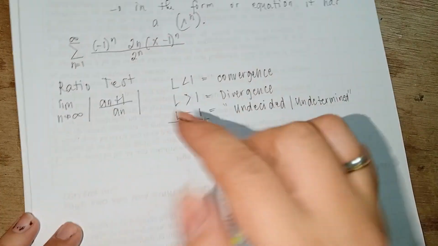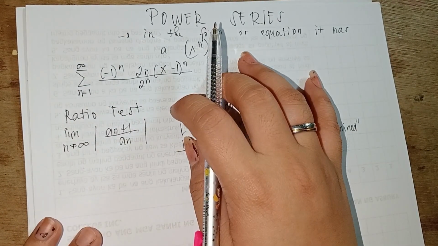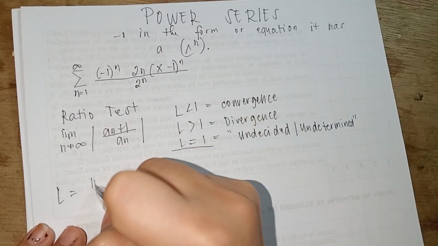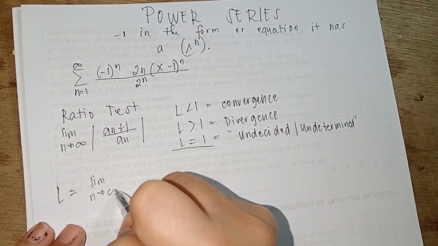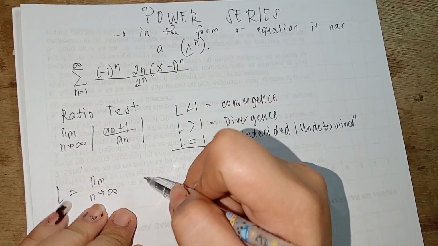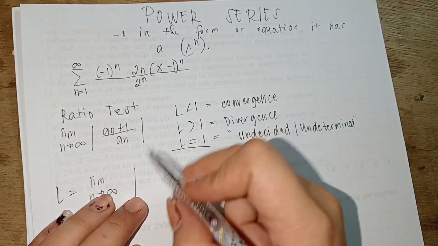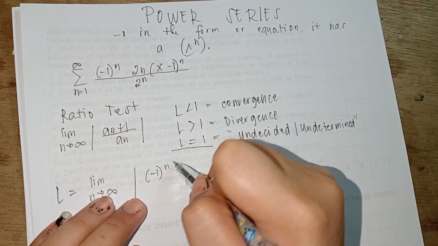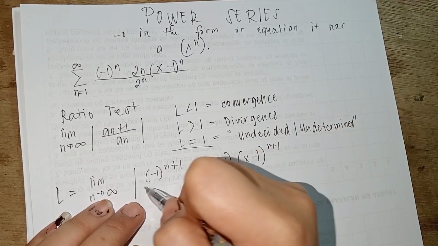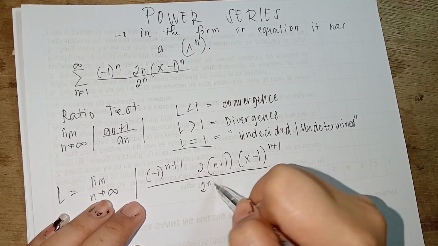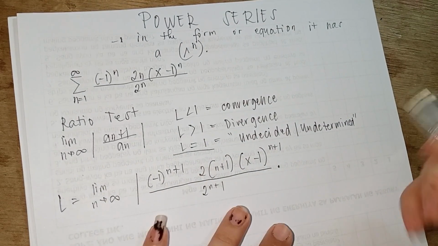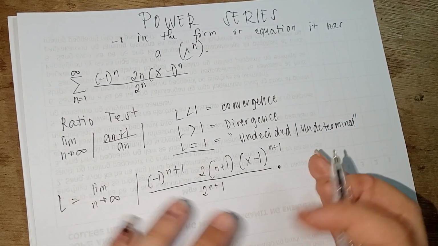So, here is our given. We will write L, the limit as n approaches infinity, of the absolute value of a n plus 1, which is negative 1 raised to n plus 1 times 2n plus 1 times x minus 1 raised to n plus 1 over 2n plus 1, times, when we divide, we just take the reciprocal of the given.